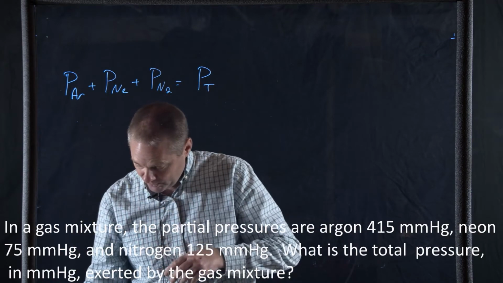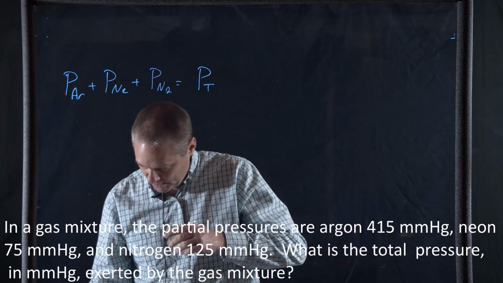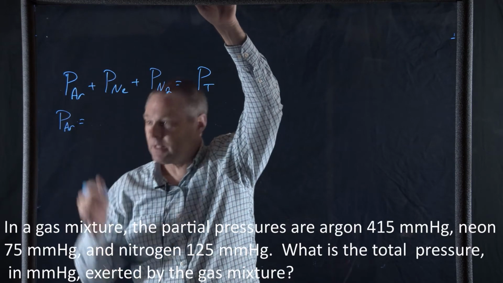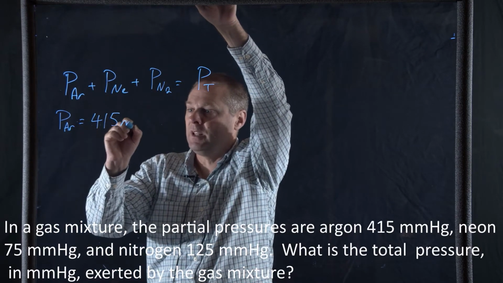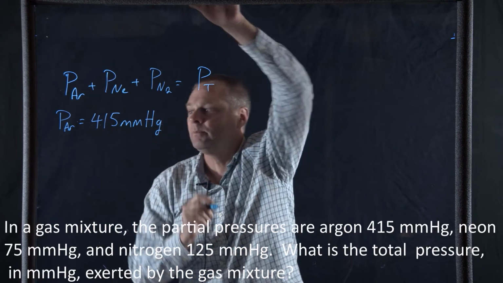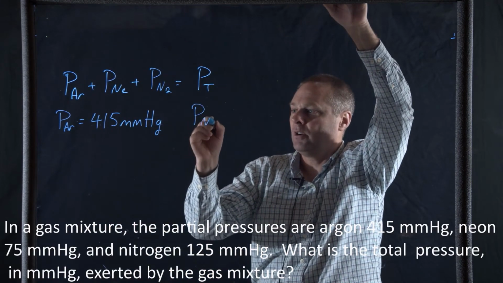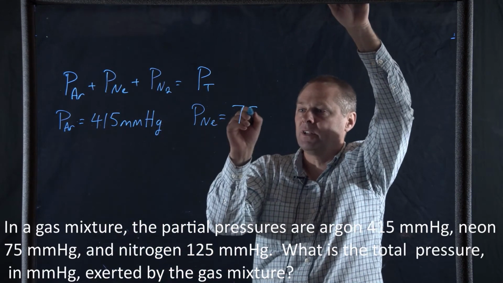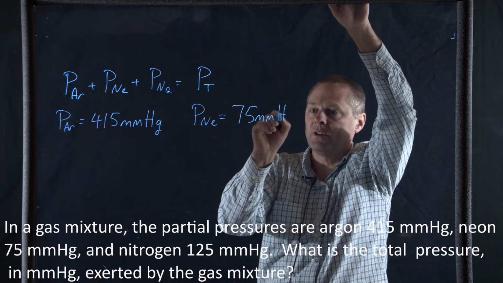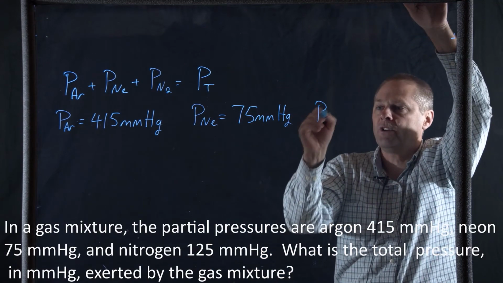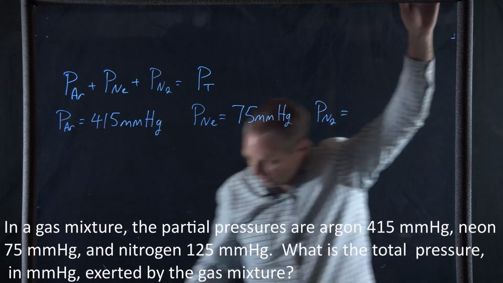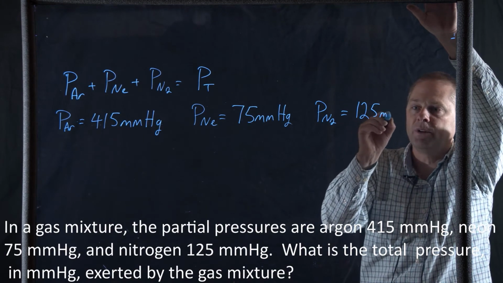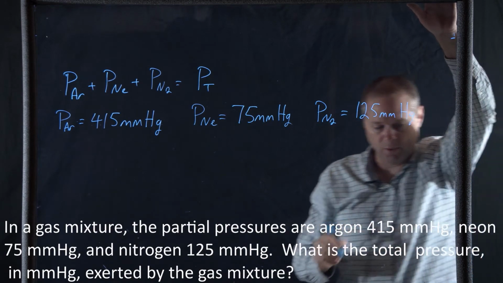Now if we write these values in here, the pressure of the argon is equal to 415 millimeters of mercury. The pressure of the neon is going to be 75 millimeters of mercury. And the pressure of the nitrogen is going to be 125 millimeters of mercury.